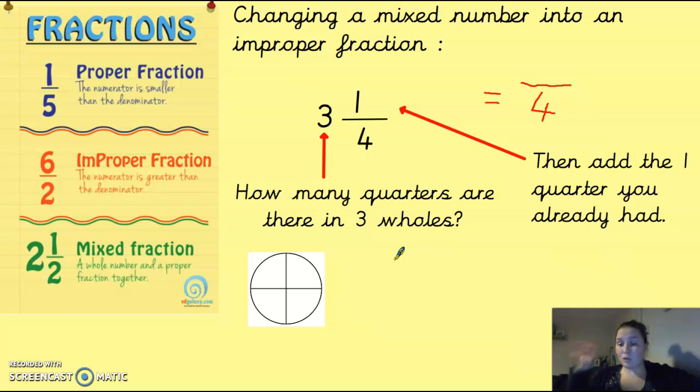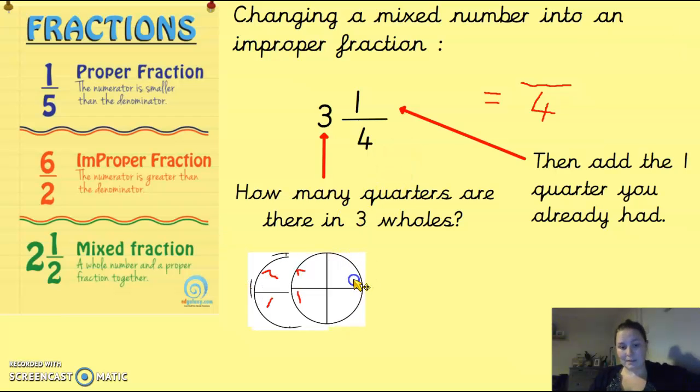Now you might be able to immediately know the answer to that, and if you do, that's brilliant, but if you're not sure, I've got a visual here. So this is split into quarters, okay, how many quarters are there in the whole? There is 1, 2, 3, 4 quarters in 1 whole. But I'm asking how many are there in 3 wholes.